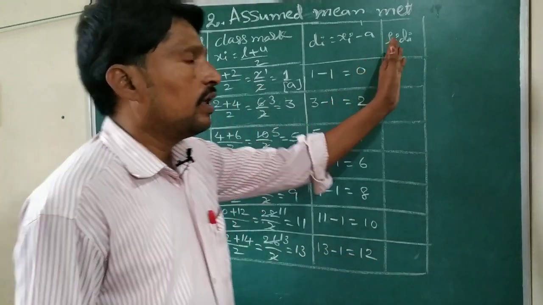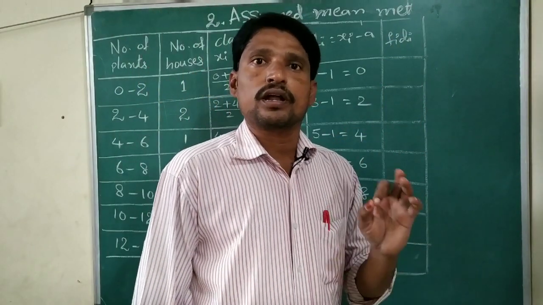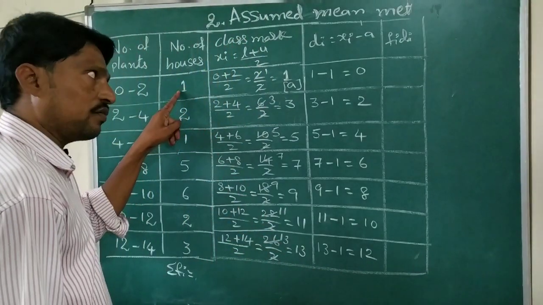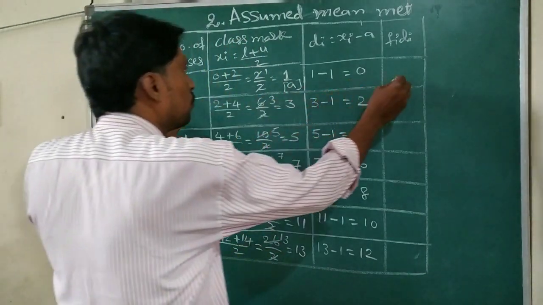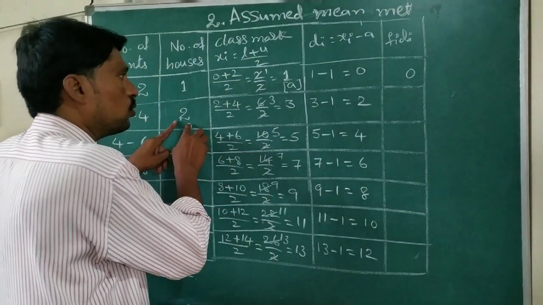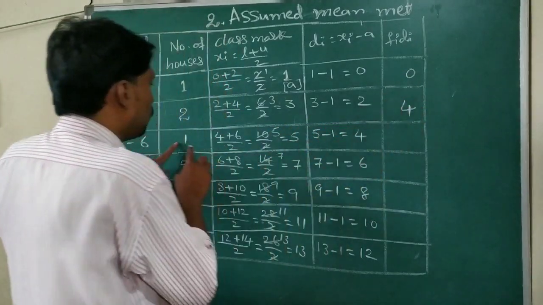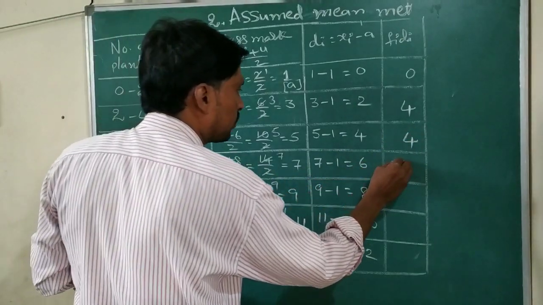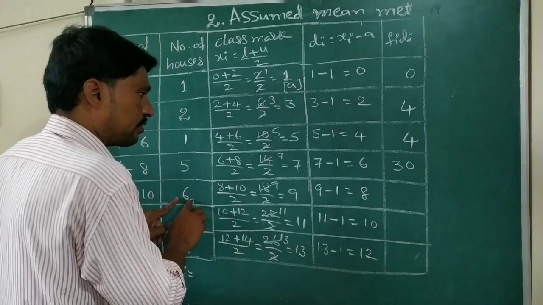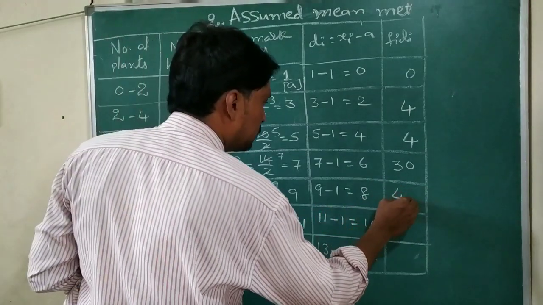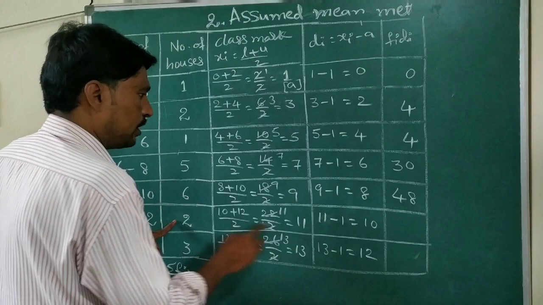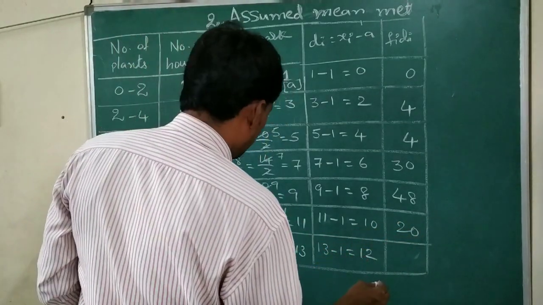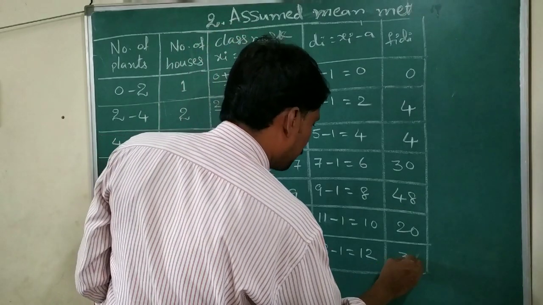Now we need to find FiDi, means the product of frequency and deviation. So frequency is 1 into 0, 0. 2 into 2, 4. 1 into 4, 4. 5 into 6, 30. 6 into 8, 48. 2 into 10, 20. 3 into 12, 36.